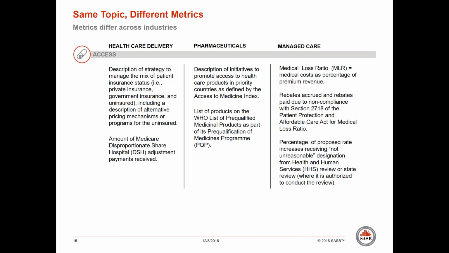And then for managed care, it has to do with medical loss ratio, rebates accrued, and rebates paid for non-compliance, and then also the percentage of proposed rate increases that were determined to be not unreasonable.